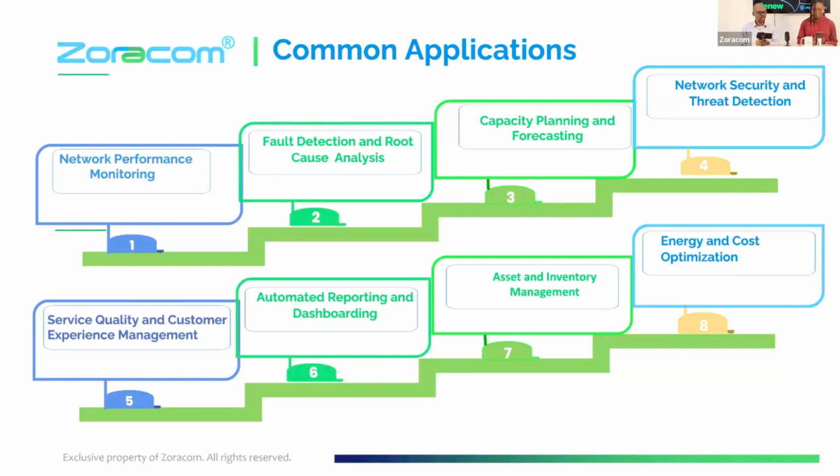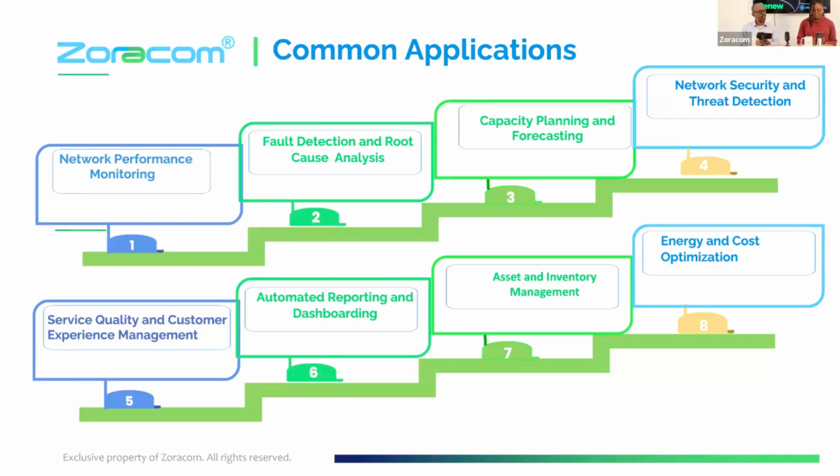Also, when it comes to network security and threat detection, you need to apply smart network reporting and analytics. Then you have service quality and customer experience management. This enables you to see how well your customers are being satisfied, how well they are being managed, where you have the customer experience dashboard, and all that comes along with that.